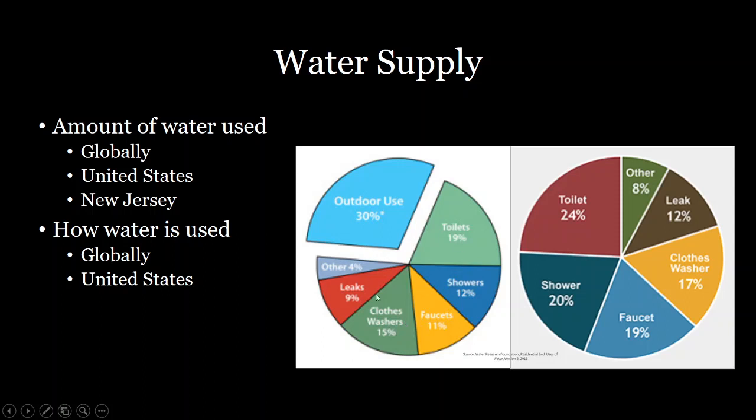But if we remove that from the equation, we can see that within your own house, most water use is from your toilet, followed shortly by your shower and your faucet, maybe your washing machine, and then every pipe system has some amount of leaks associated with it as well, either in your house or as it's being delivered to your house. So that actually makes up a significant portion of your water use.